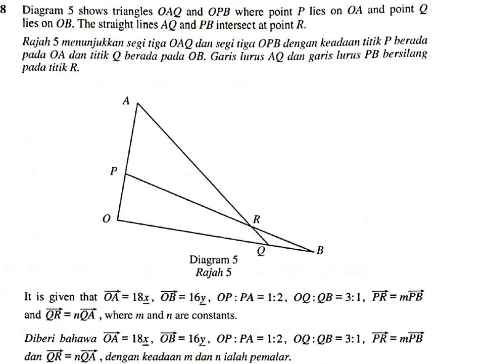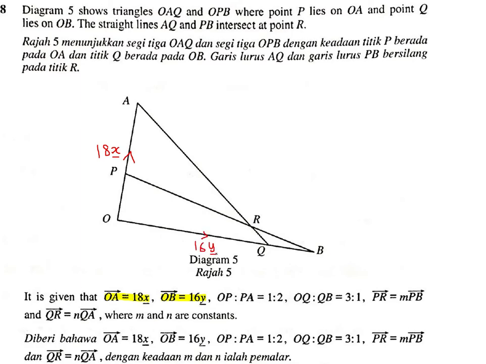It is given that OA equals 18x and OB equals 16y. OA we label with the direction moving up, 18x, and OB we label 16y.